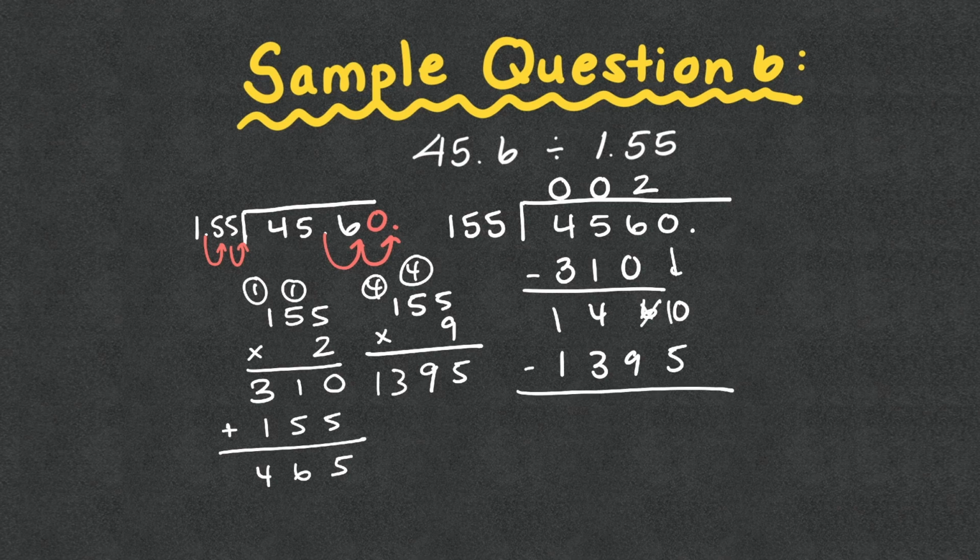And let's do 10 minus 5 is 5. 5 minus 9 I can't do, so I borrow the 3. Make the 5 15. 15 minus 9 is 6. And then 0, 0. Notice how I have 1. I forgot to put up here that we used a 9. Decimal point came straight up. And now we can add a placeholder 0 and bring it down, and we could continue our division.